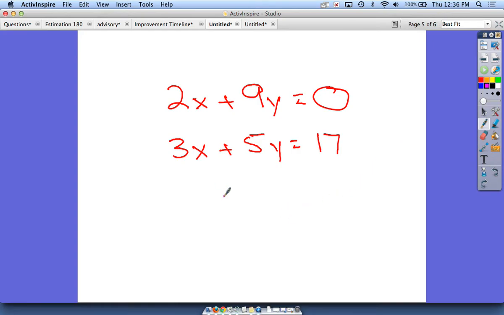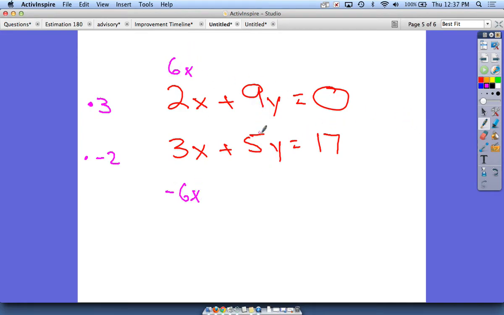Let's see what you came up with for x and y. The first time through, I will cancel out the x's, and then on the next page I've got the same problem again, so I'll cancel out the y's. In this one, probably the easiest thing to do is make these 6 and -6. So I will do times 3 here and times -2 here, because this will end up being 6x, and this will end up being -6x, so these are going to cancel out.